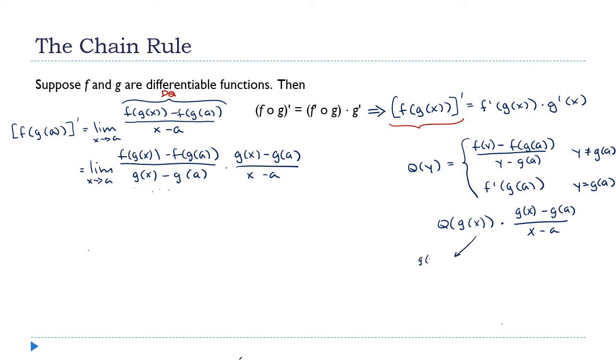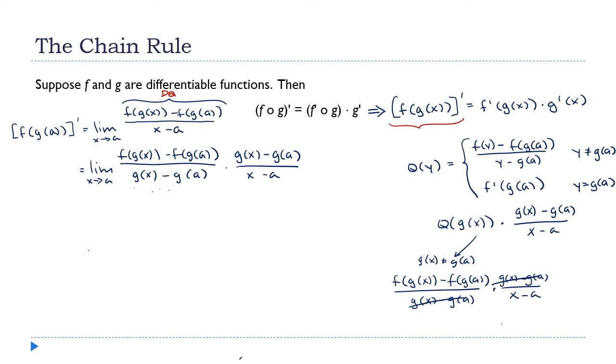When g of x is not equal to g of a, then this is just f of g of x minus f of g of a divided by g of x minus g of a, times g of x minus g of a over x minus a. Stuff cancels, and look at that. Yes, that is equal to the difference quotient.